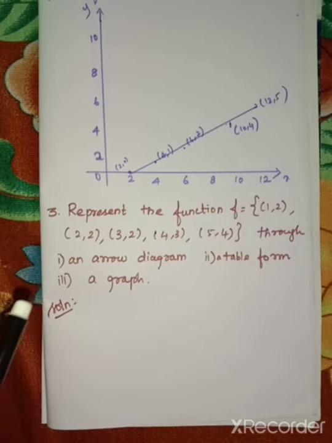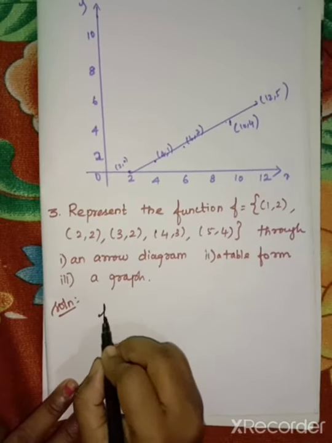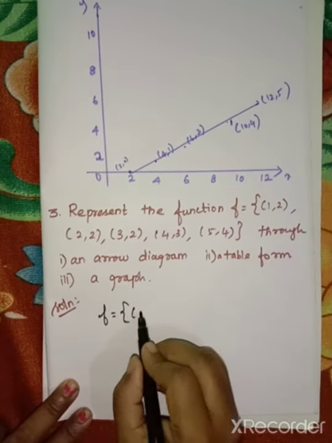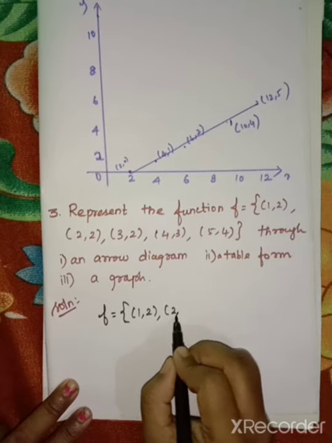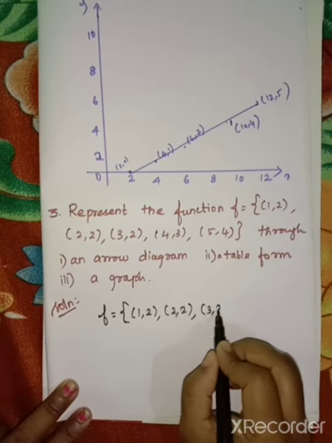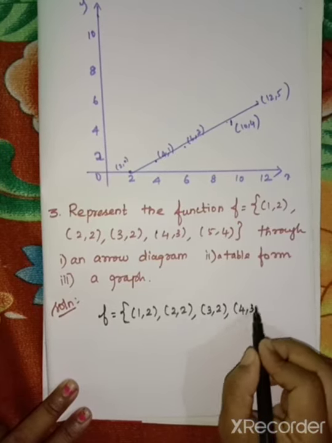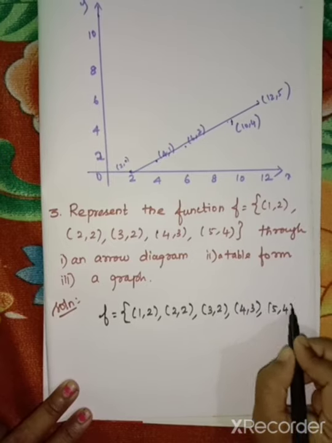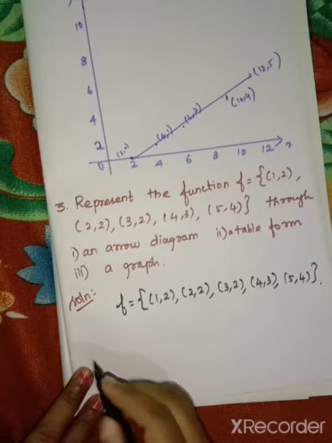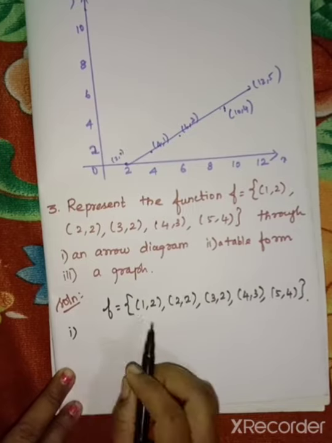Using the set of ordered pairs, you have to find the arrow diagram, table form, and a graph. So first of all, given is f equal to the set of (1, 2), (2, 2), (3, 2), (4, 3), (5, 4). From this we want to find, first, the arrow diagram.